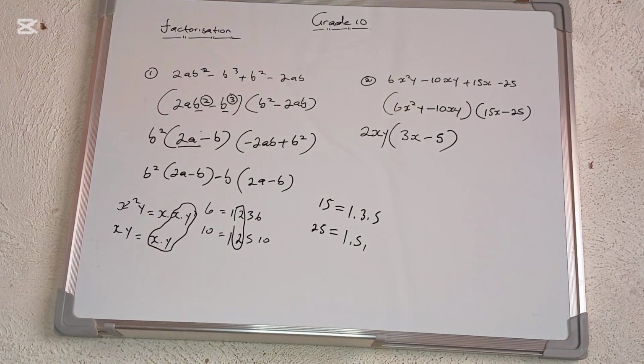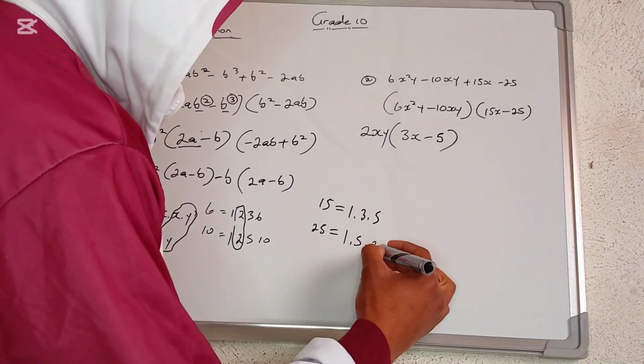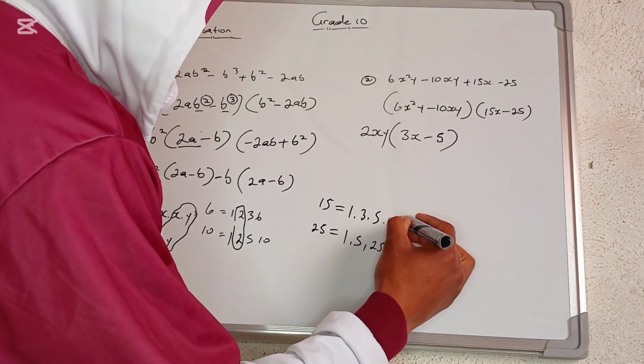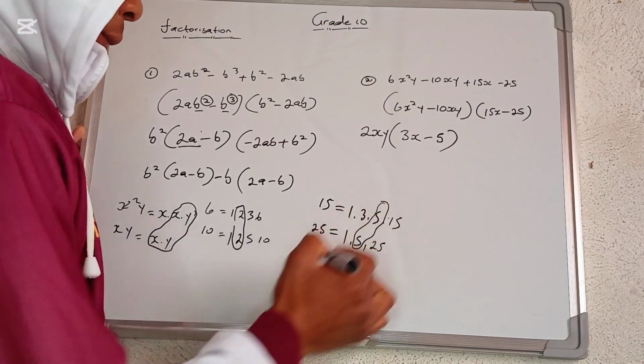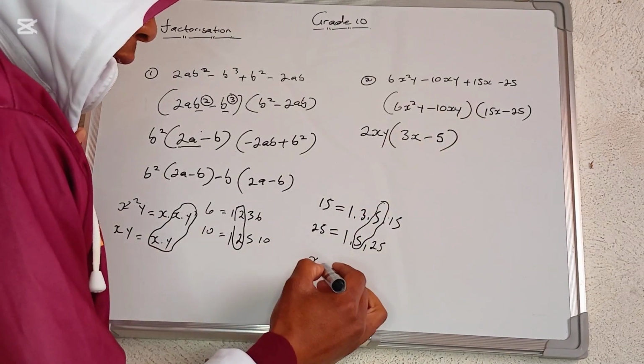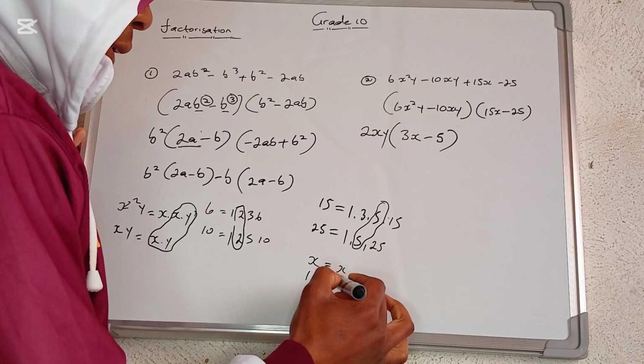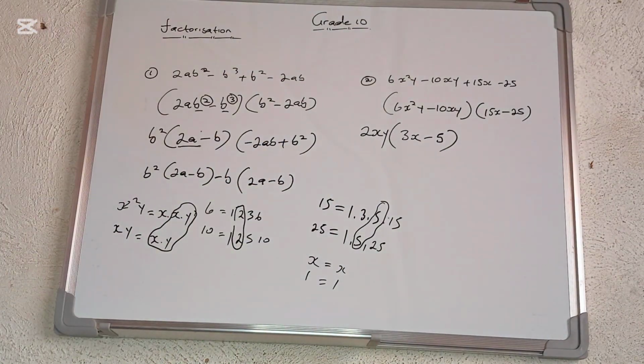Let me check with my calculator. Then it's 25 and it's 15. So what is common here? It's this one. And then moving to the second one, it's x and 1. There's nothing that is common.